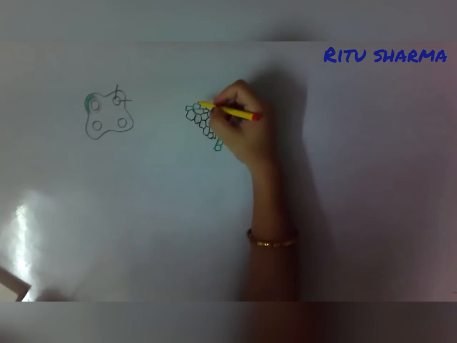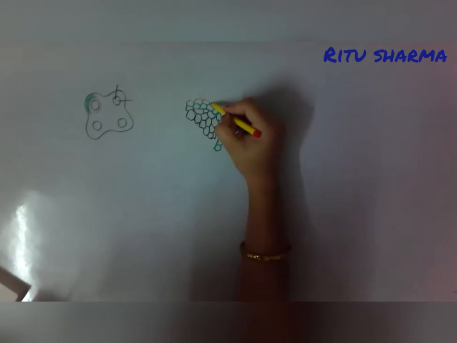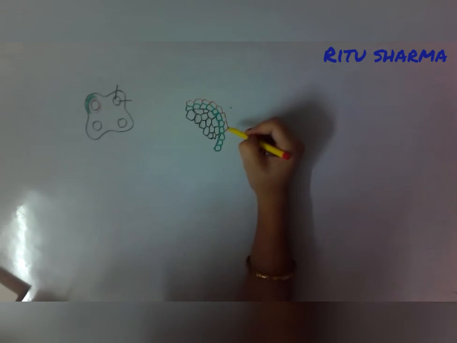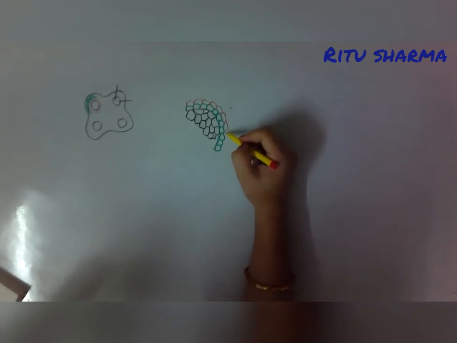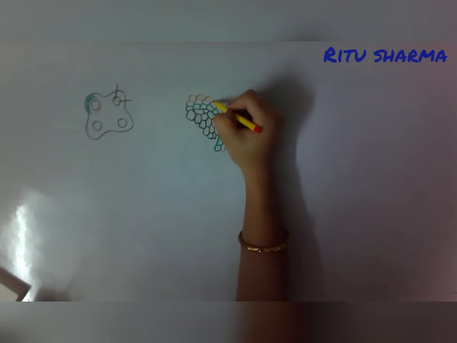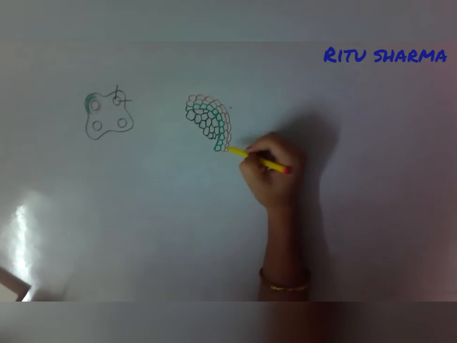Okay, next layer will be middle layers. These can be 2 or 3 layers. Like this. I will make only 2 layers of the cell. It can be 3 or 4 layers.